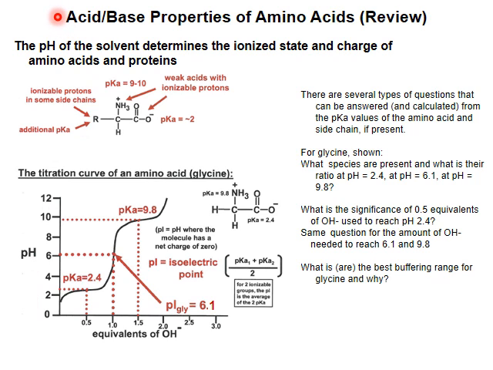So to round out this topic, I'm going to talk about the acid-base properties of amino acids. And I have here that it's review because if you recall a topic on the acid and base chemistry, we talked about amino acids at that time in terms of their acidic and basic properties.